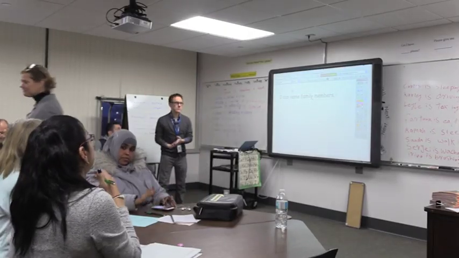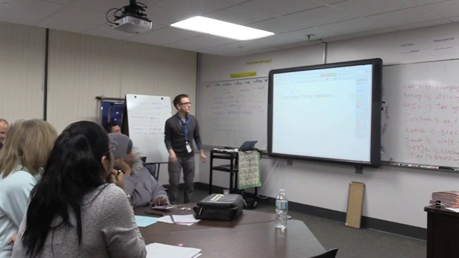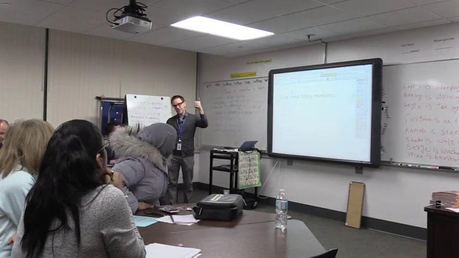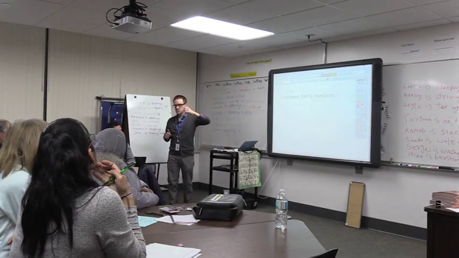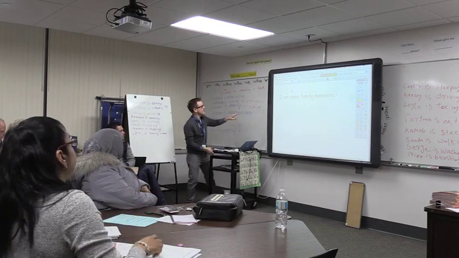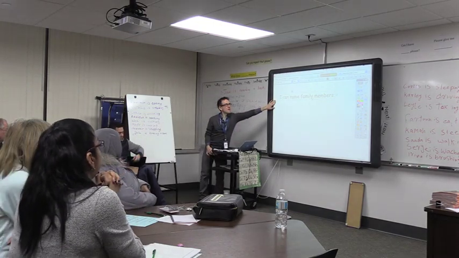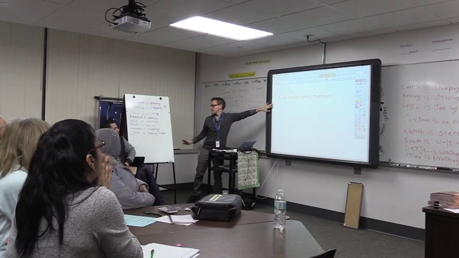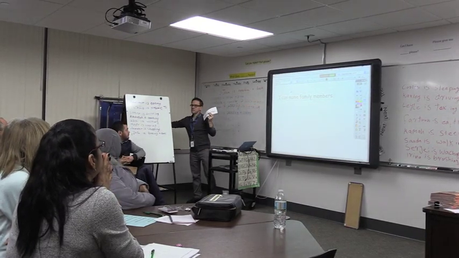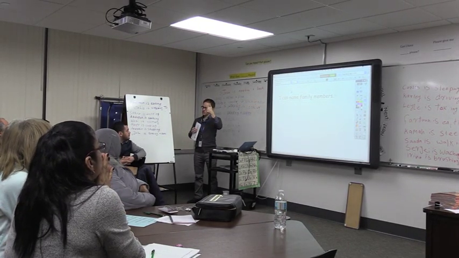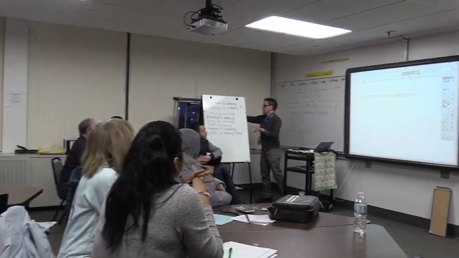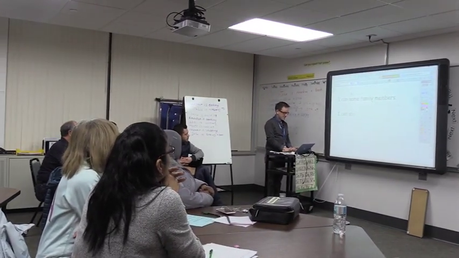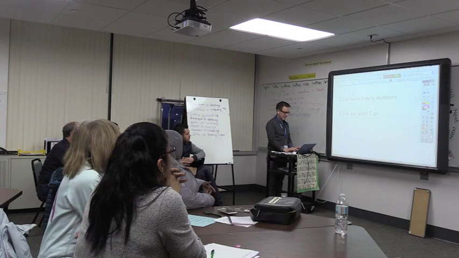Okay, let's just do a couple of I can statements before we go home and think about how do you feel? You feel easy, so-so, or hard? So let's do the first one. I can name family members. You feel good? Good. So-so? Okay. Let's do another one. I can say what I am doing now.